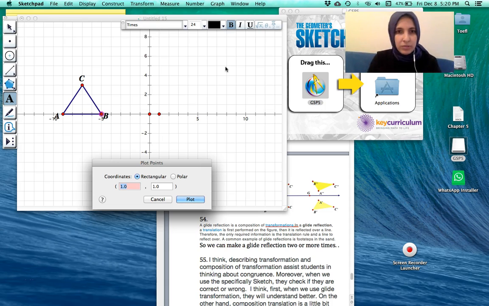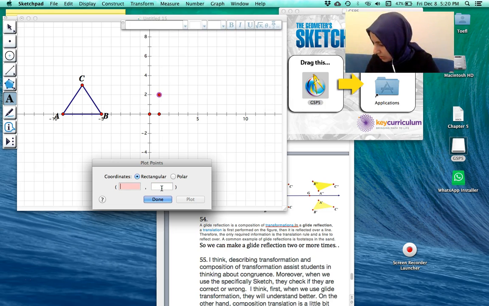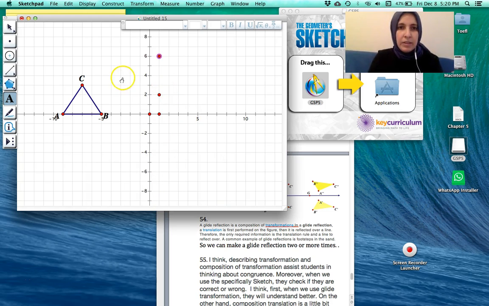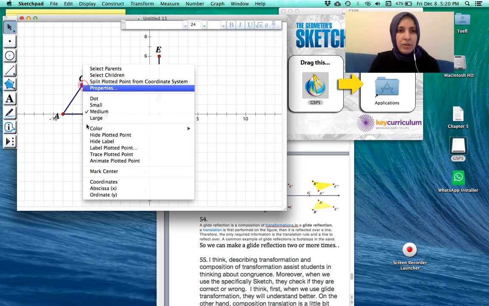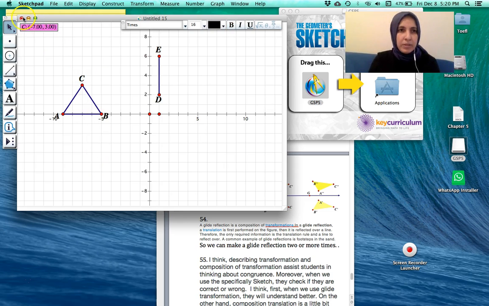I place (1, 2), which is point D, and the other one (1, 6), which is point E, and then I connect them. Yes, this is D and E, and let's find the coordinates of these points.